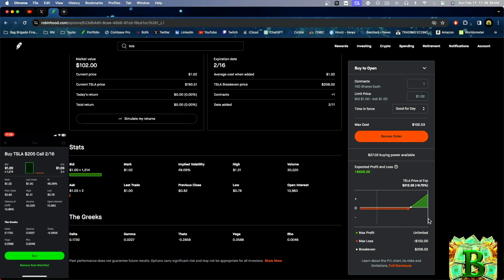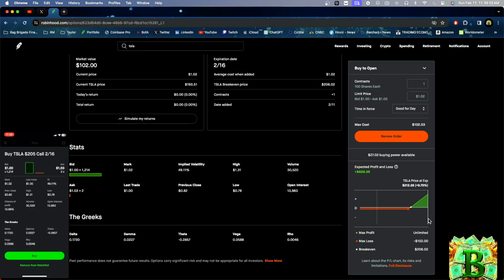Let's talk about gamma. Gamma, everybody loves gamma. Gamma measures the rate of change of an option's delta, basically, given a $1 move in the underlying stock price. Gamma is highest when the option is at the money and lowest when the option is far out of the money.